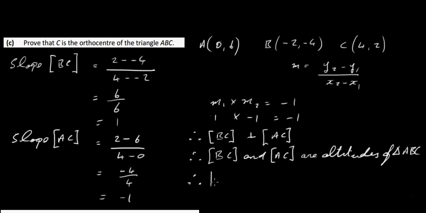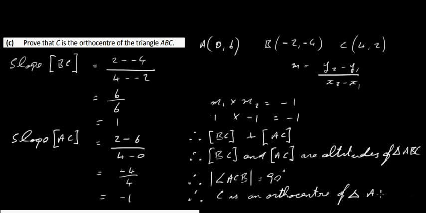Therefore, you can say the size of the angle ACB is 90 degrees. Therefore, C is an orthocenter of the triangle ABC.